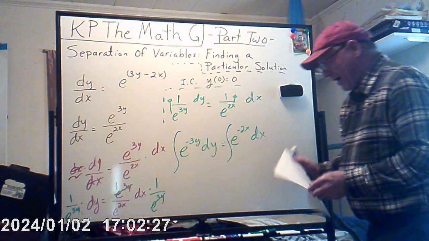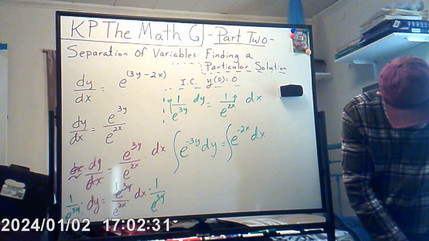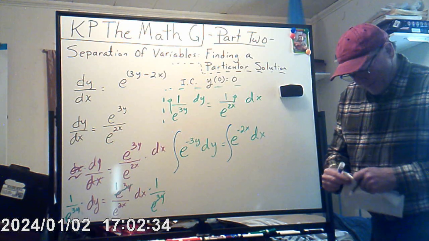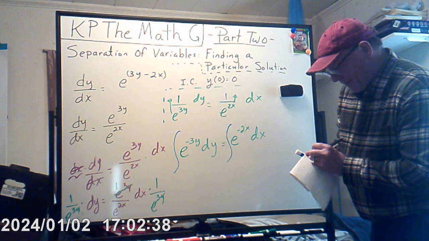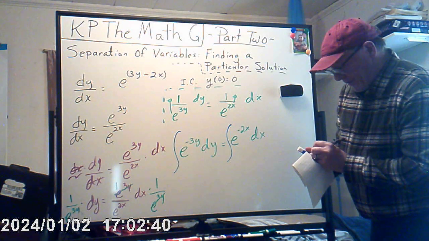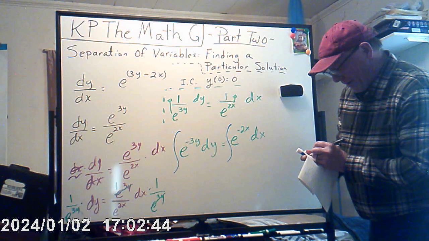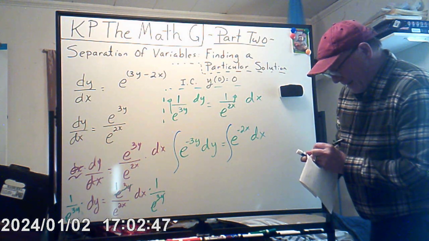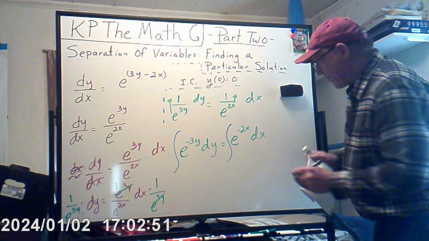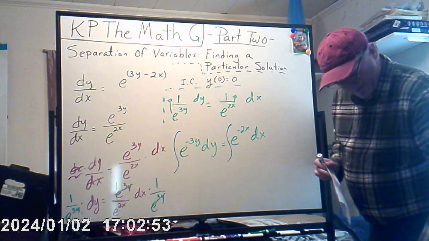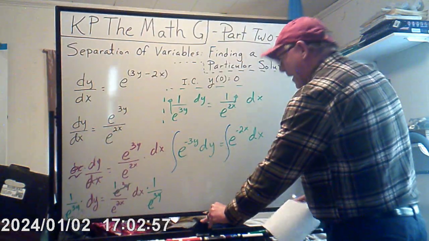I don't want to write it down incorrectly either: negative 3y dy, e negative 2x dx. Okay, so let's flip the board over.